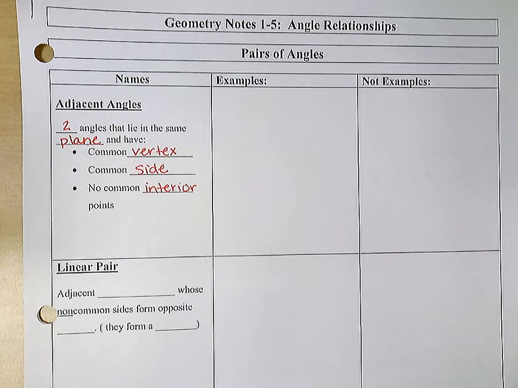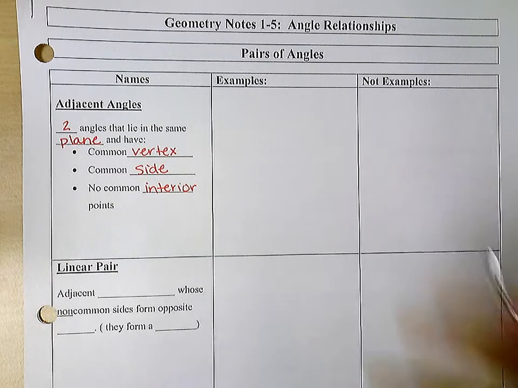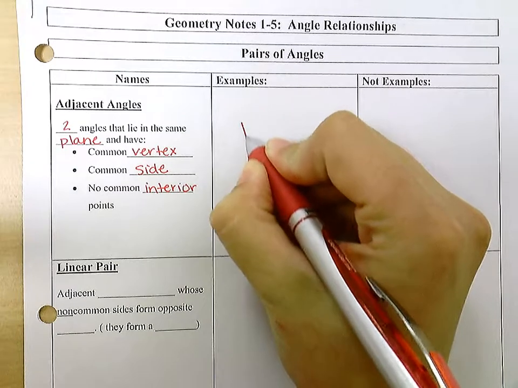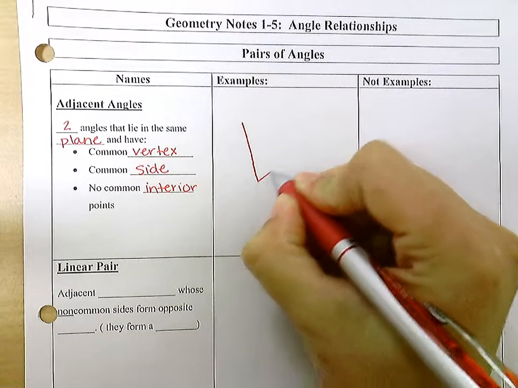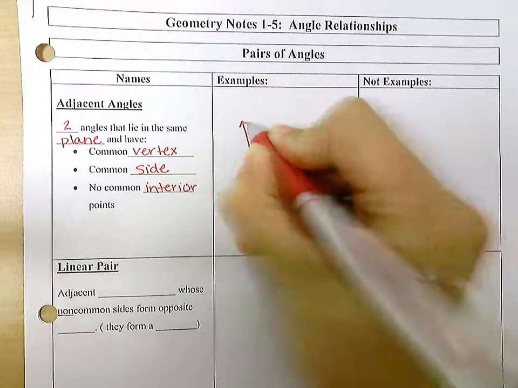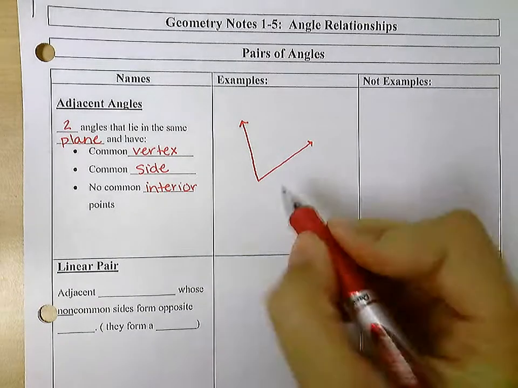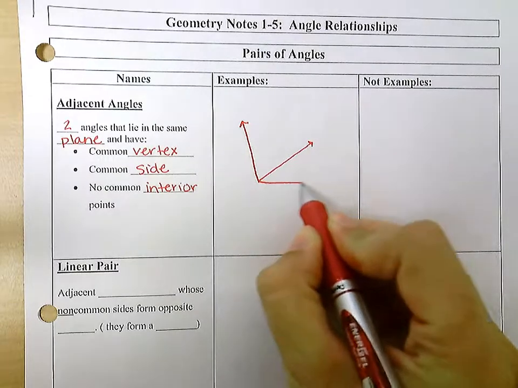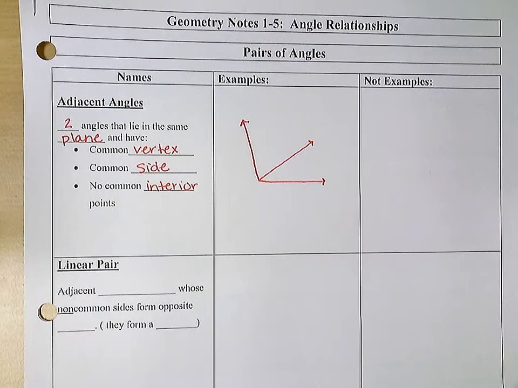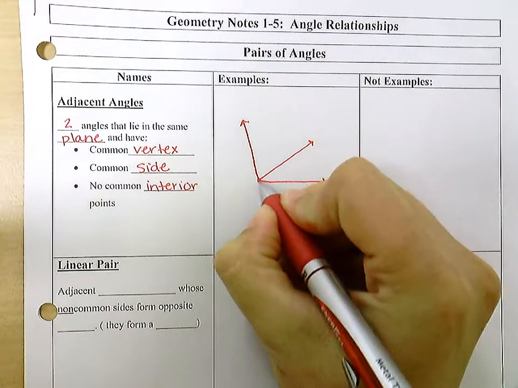So an example of adjacent angles would be if I have, say this angle here, I have my two rays, right? An adjacent angle would be a third ray just coming off of the other two there. So they share this common vertex right here.